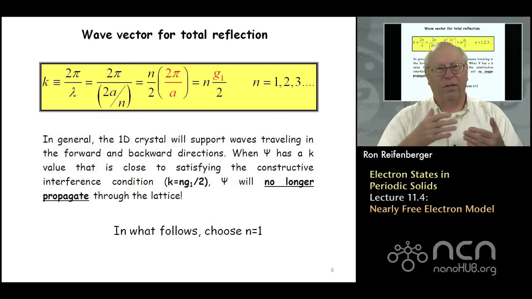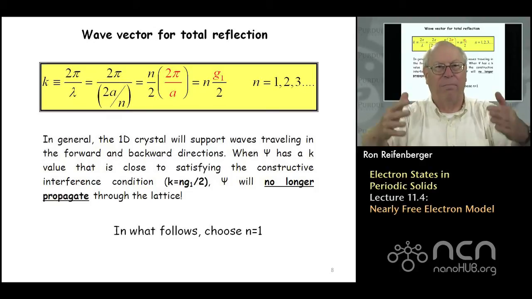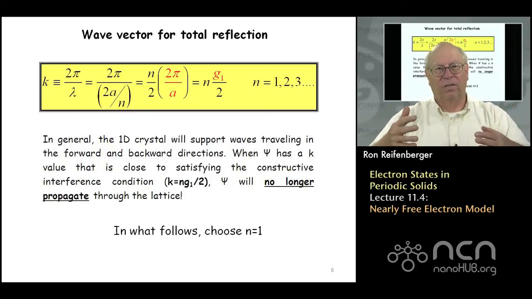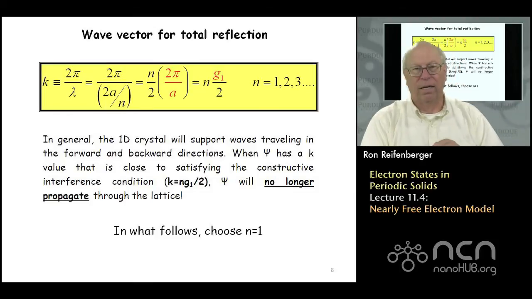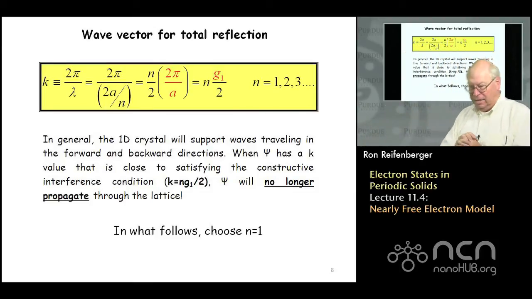And that's just basically saying that the wave will not propagate, right? It can't make it through the lattice. It's totally reflected by the modulation in the electrostatic potential energy of the lattice.